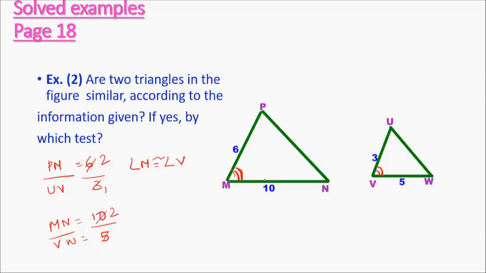So which test will it be? Side angle side. Two sides are in proportion and the angle in between is congruent, then the two figures are similar, by SAS test of similarity.